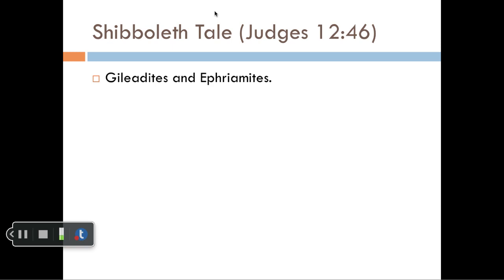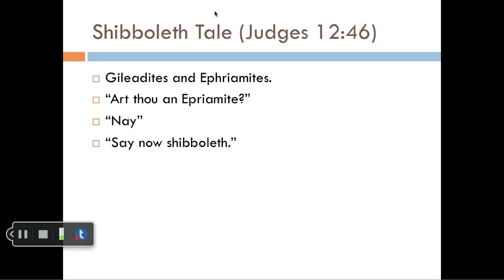The Gileadites set it up so that there was a narrow passage through to the Jordan. And what they did was, when people came through that passage, they basically said, "Art thou an Ephraimite?" I have a hard time saying that word, and I've spelled it incorrectly here. The person would say, "Nay, no, I'm not."